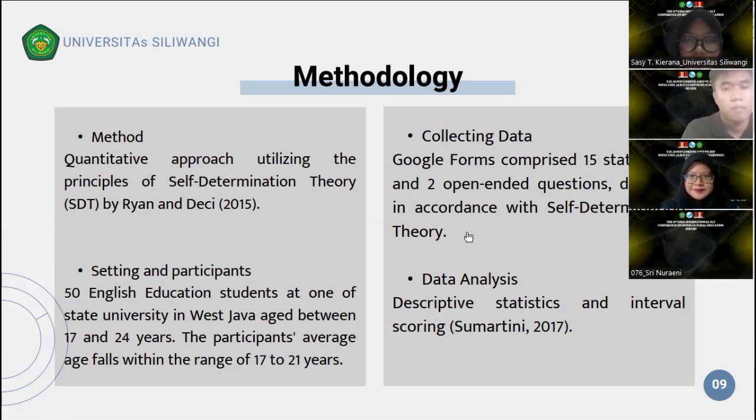The participants' average age falls within the range of 17 to 21 years old. And then the data collection was carried out using Google Forms comprising 15 statements and 2 open-ended questions. The design of the questionnaire aligned with self-determination theory to ensure comprehensive insight on how quizzes can influence students' learning motivation and at the end influence the outcomes.